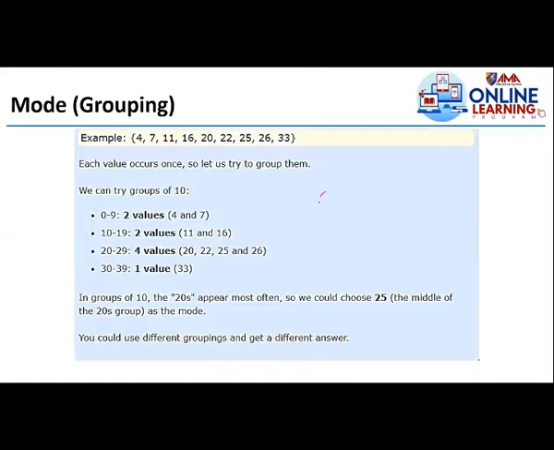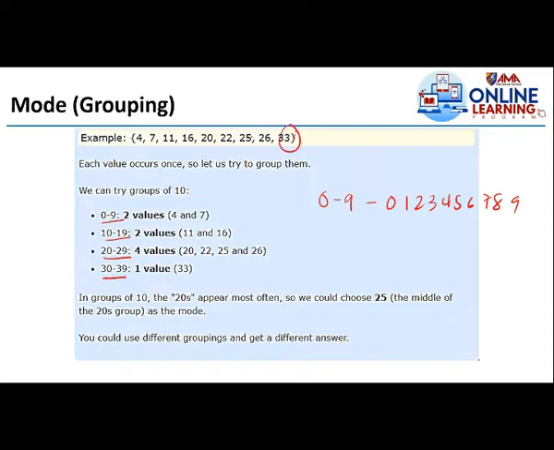So from 0 to 9, if we list them individually, 0, 1, 2, up to 9, and count the number of elements, that is 10. Then continue with 10 to 19, 20 to 29, 30 to 39.